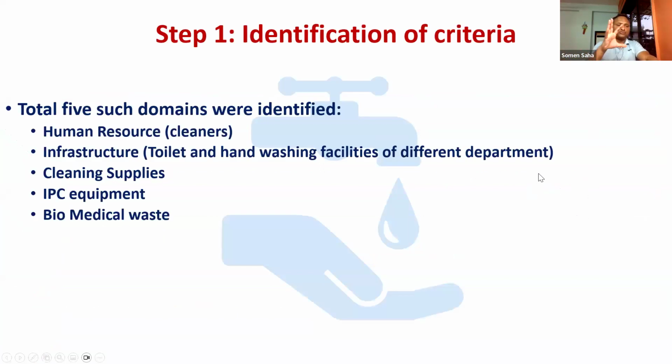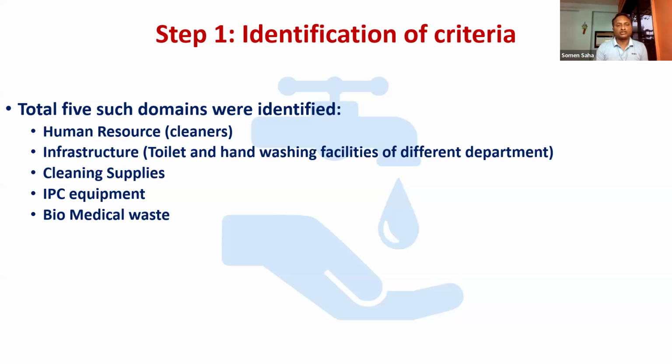So these were the 5 domains which were identified. The 5 domains include human resources, cleaners. A long period of our work shows that cleaners are a very, very important part of making any healthcare facility WASH compliant. So the first thing needed was whether the facility has enough cleaners.